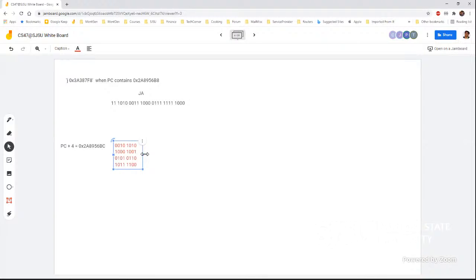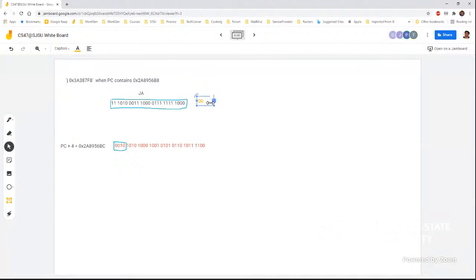So this is your PC plus 4 bit pattern. Our rule says the target address will have 4 bits out of this, followed by this 26-bit pattern, followed by 2 zeros.